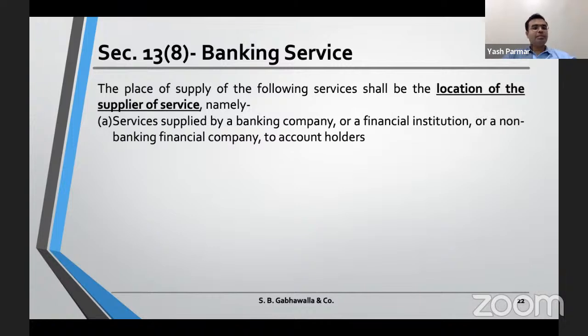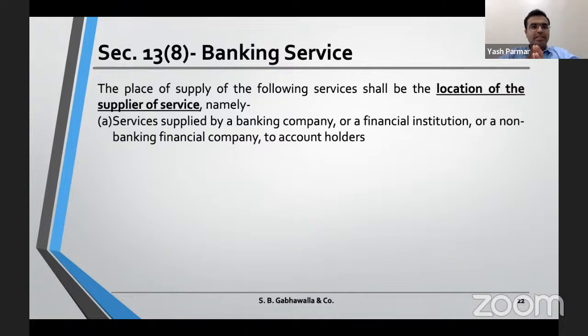Namely, services supplied by a banking company or a financial institution or a non-banking financial company to account holders. So what this entry is trying to say is that for the services supplied by a banking company or a financial institution or a non-banking financial company to account holders, the place of supply will be the location of the supplier of service.